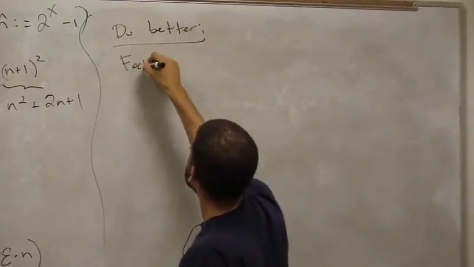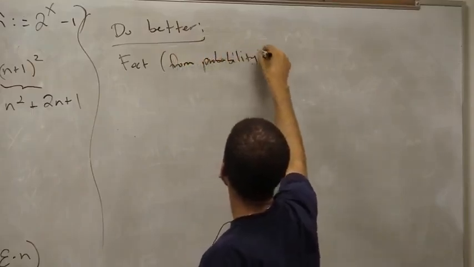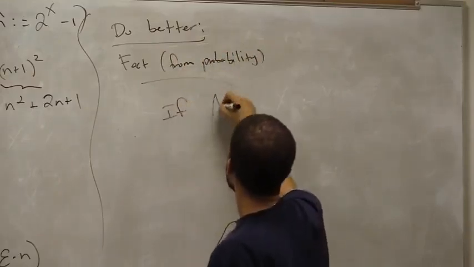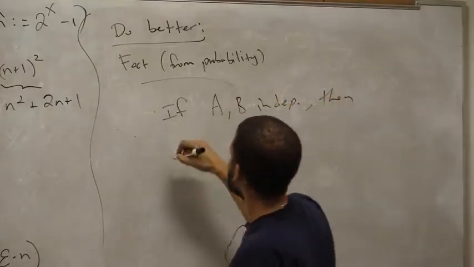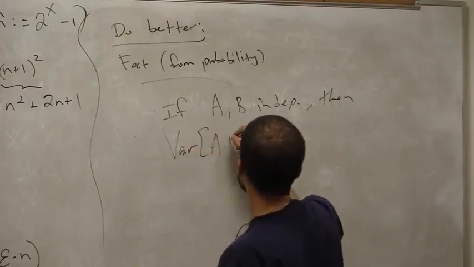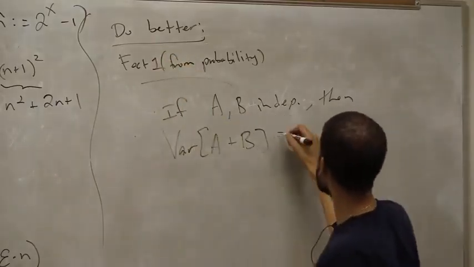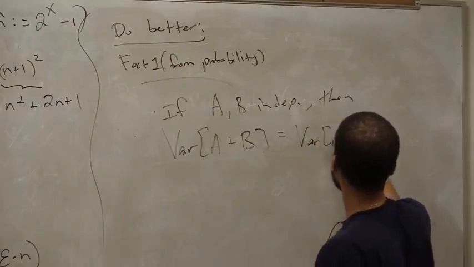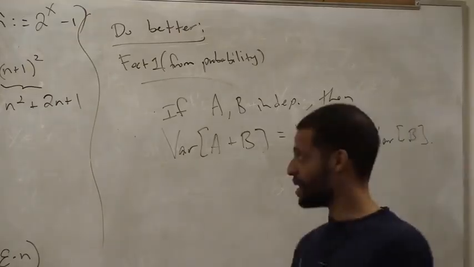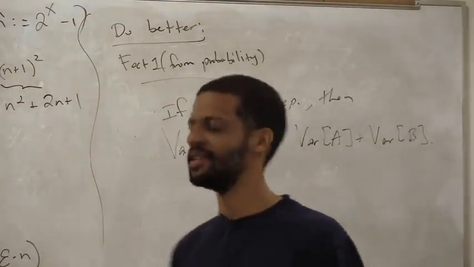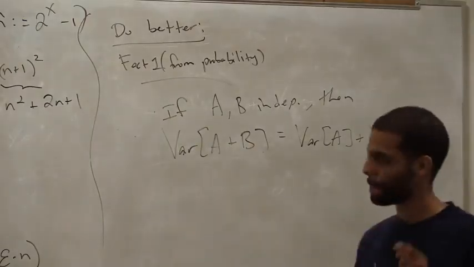So a fact from probability, maybe you've seen it in 170: if A and B are independent, then, this is fact 1, the variance of A plus B is the same as the variance of A plus the variance of B. Unlike linearity of expectation, you can only say that the variance of the sum is the sum of the variances when they're independent.